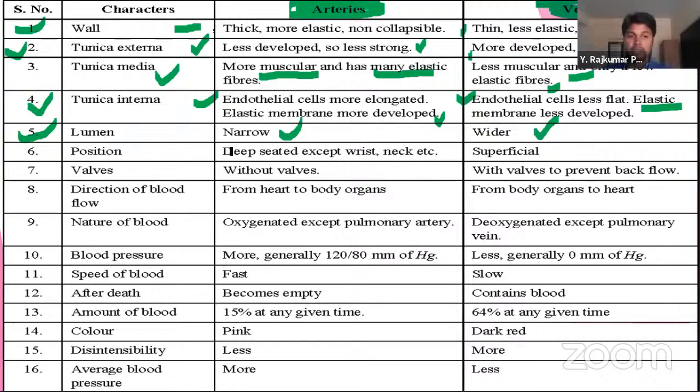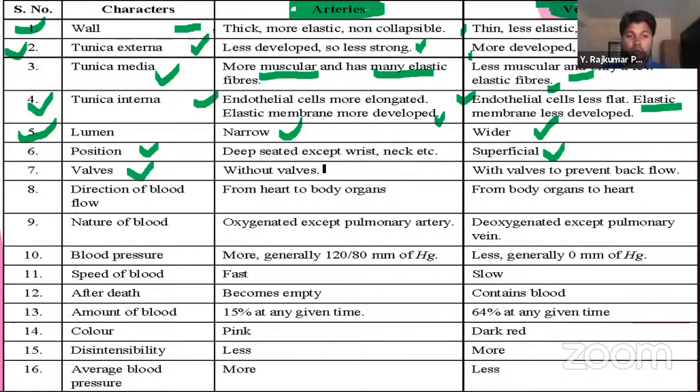Okay. Position: you can see the arteries are deeply seated, except at the waist and neck, but veins are superficial. They appear just outside. Whatever you are able to see on the hand, whenever you keep your fist tight, you find the blood vessels. They are all veins. They are not arteries, because arteries are situated deeper than veins.